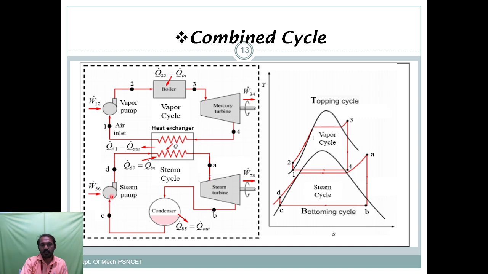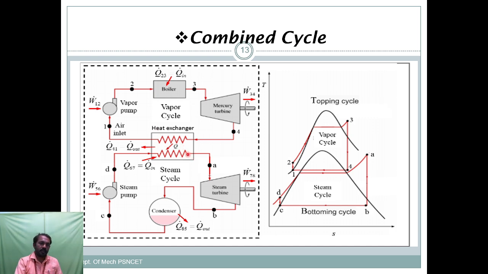The water goes to the heat exchanger. It's not using a boiler, but a heat exchanger. What is a heat exchanger? The air releases heat to the water, so the water is heated by the released air heat. When the water reaches 100 degrees Celsius, it forms steam.